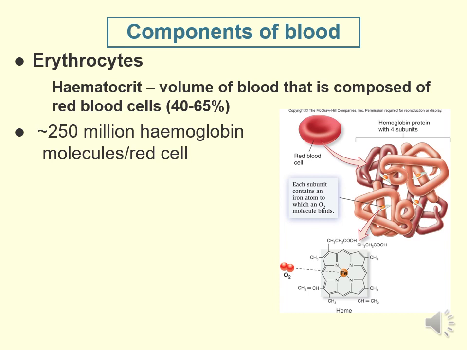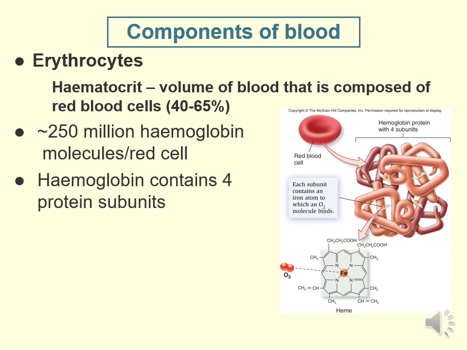To enable the red blood cells to carry oxygen, the red blood cells have a molecule within them called hemoglobin, and each blood cell has about 250 million molecules of hemoglobin. Hemoglobin is a molecule which comprises two protein subunits, two alpha and two beta subunits.